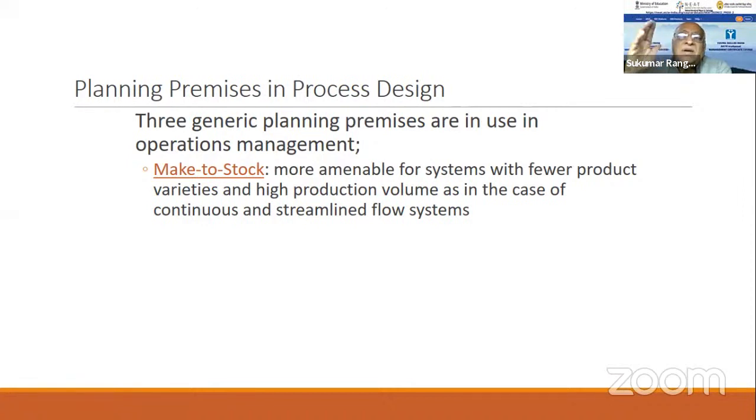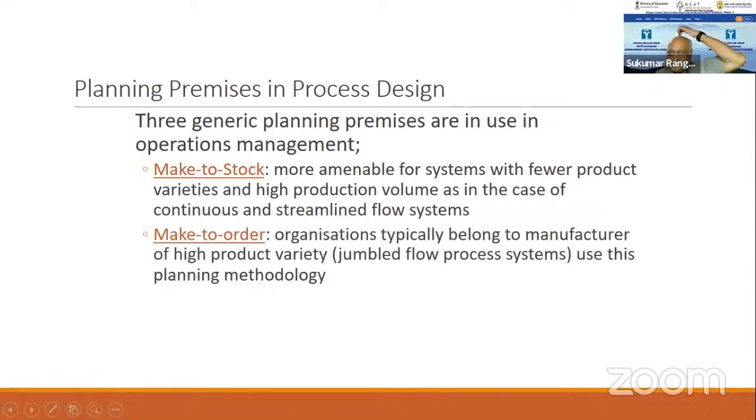It is made for stock, and from there it goes to the distribution system or channels of distribution. It can be directly a customer or through a wholesaler, distributor, whatever, and comes through the retailer to the customer. So make to stock is more amenable for systems with fewer product varieties and higher production volumes, as in the case of continuous and streamlined flow systems.